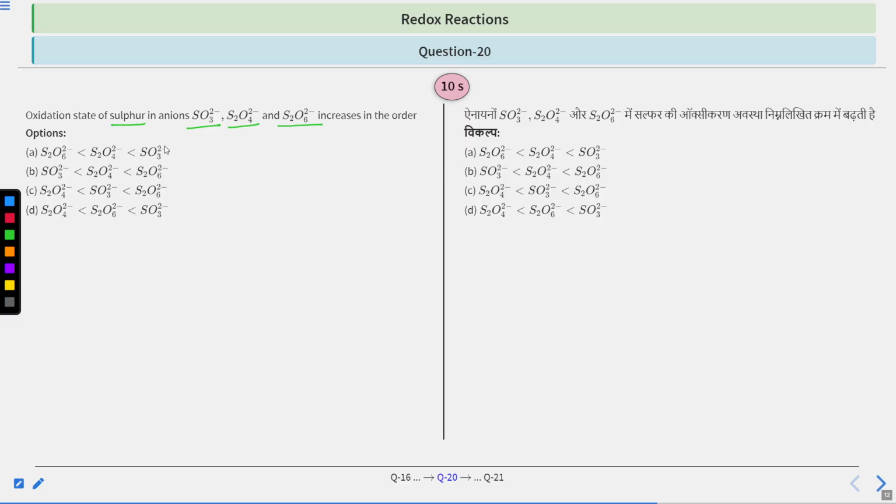Options: SO3 2-, then S2O4 2-, then S2O6 2-; S2O6 2-, then S2O4 2-, then SO3 2-; S2O6 2-, then SO3 2-, then S2O4 2-; or SO3 2-, then S2O6 2-, then S2O4 2-.